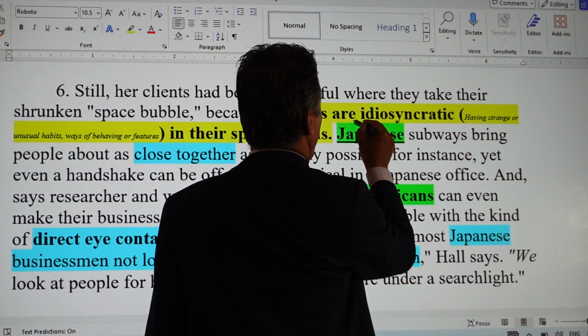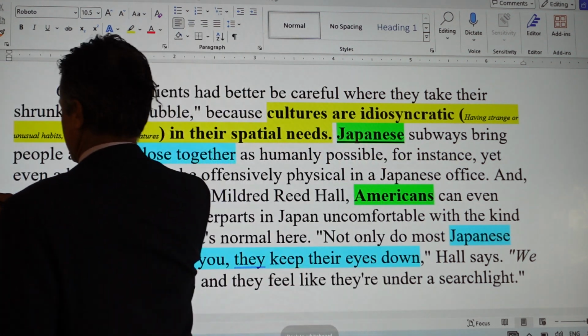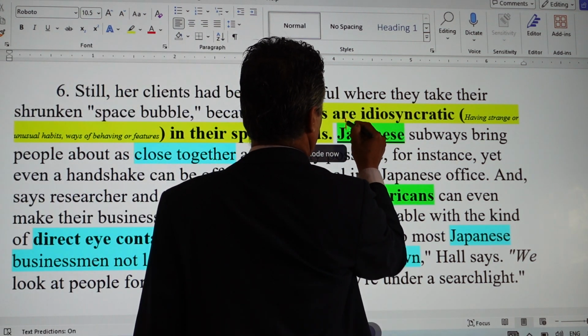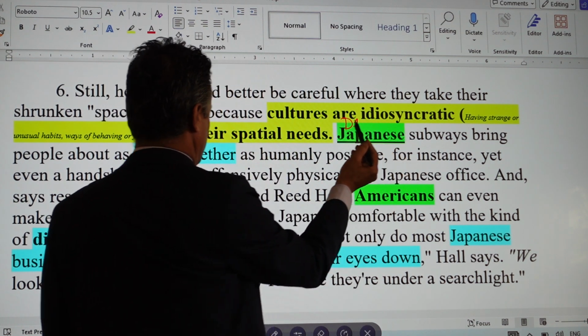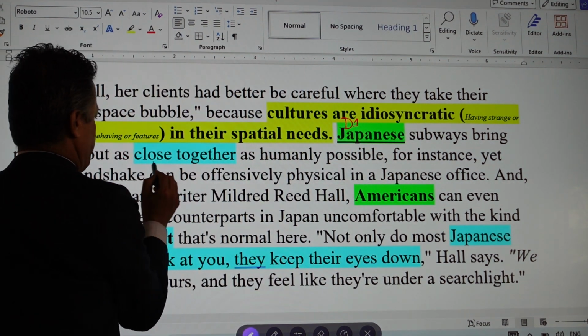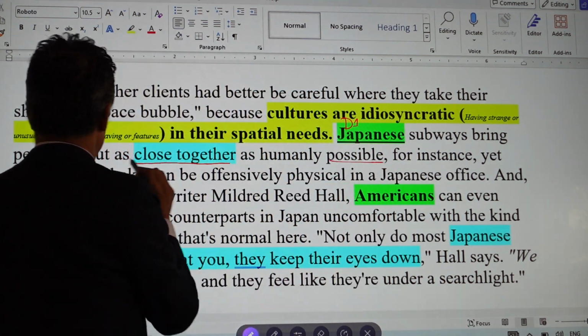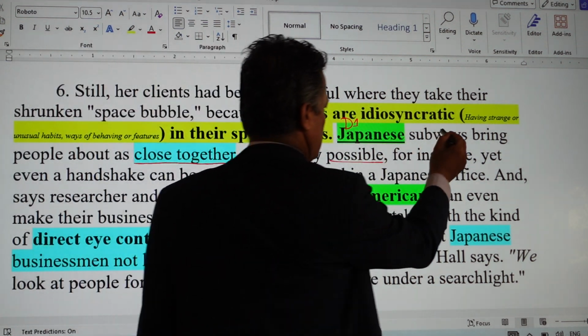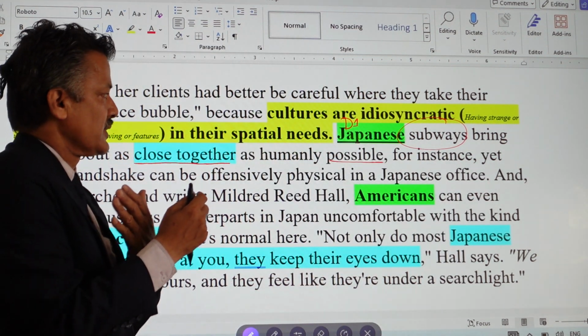This is detail 1. Japanese subways bring people as close together as possible. So in the subways, they come as close as possible.